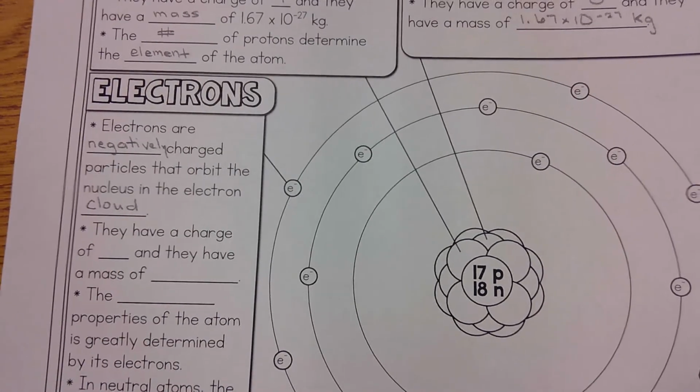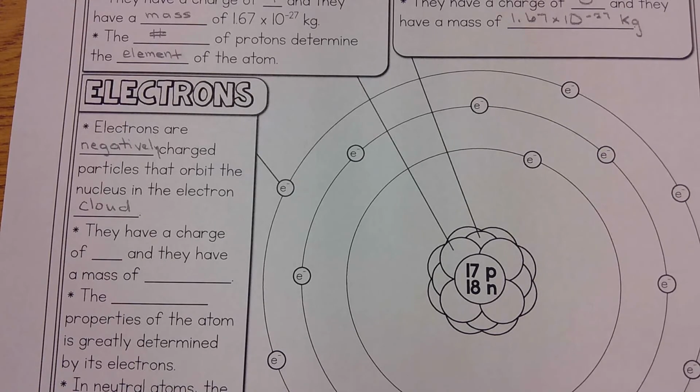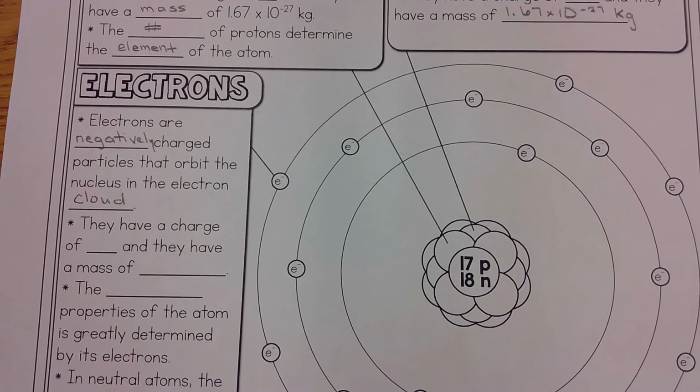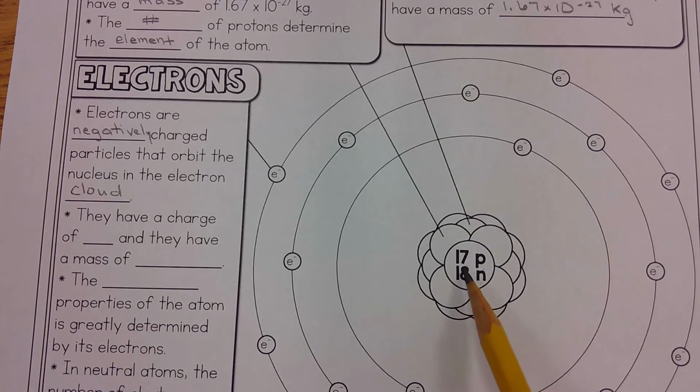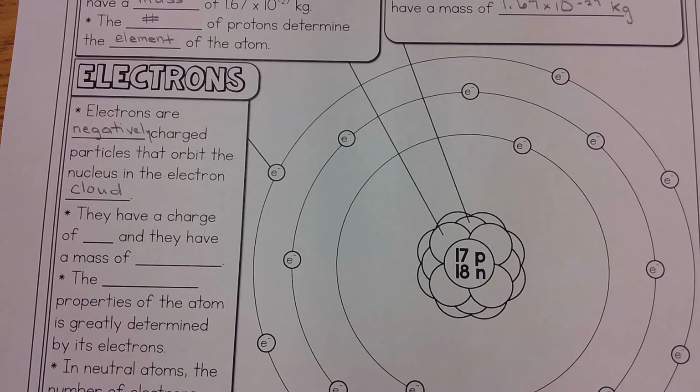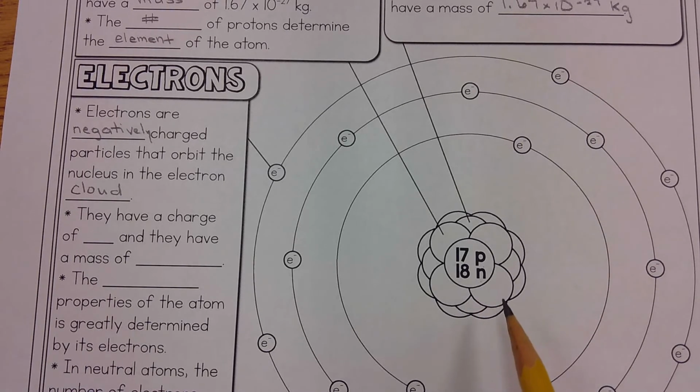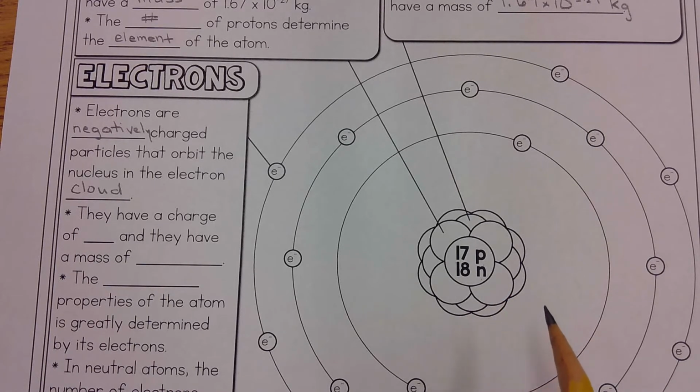So you can see here in this drawing, this is just kind of a rough sketch, but the protons and neutrons are in the nucleus. This one happens to have 17 protons, 18 neutrons, which means if we look at a periodic table, 17 protons, this is chlorine. It's always going to be chlorine.